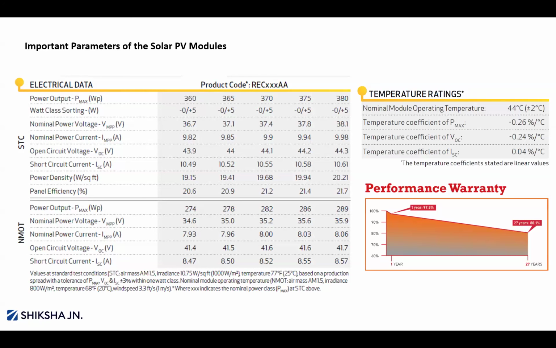After that, every year 0.6% will degrade, up to the 27th year, where they offer a minimum of 80%. This degradation also you have to check. Who is offering less degradation and more warranty, 30 years or 25 years? Earlier the standard was 25 years. Now it is moving to 30 years.